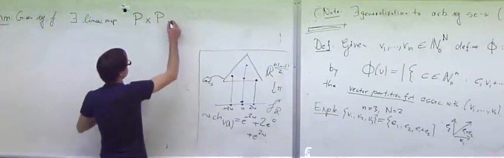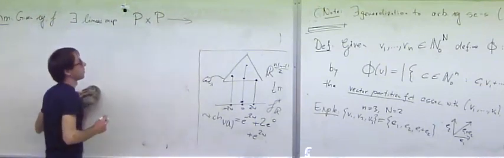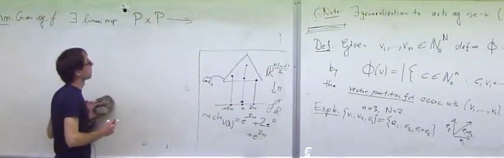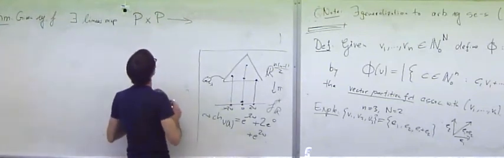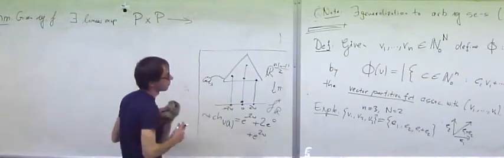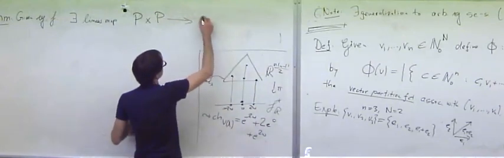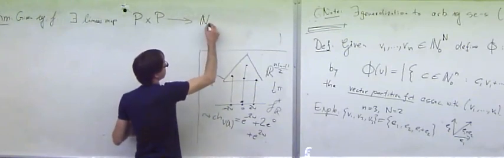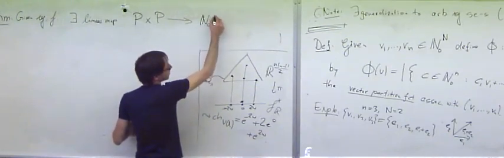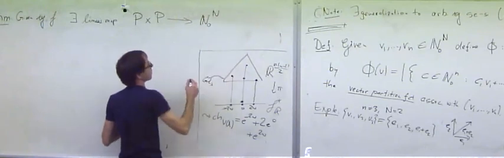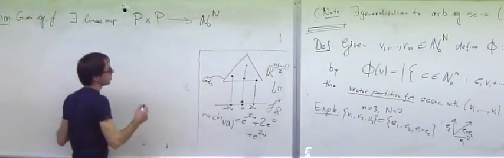So I find a linear map from P, Cartesian product with P, to some vector space or to some set N_0 to the n for some n.